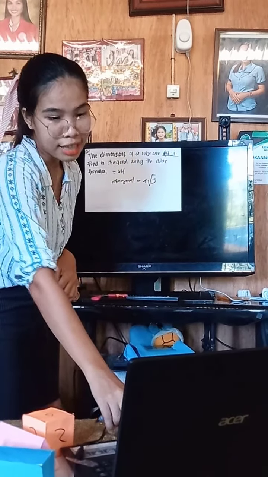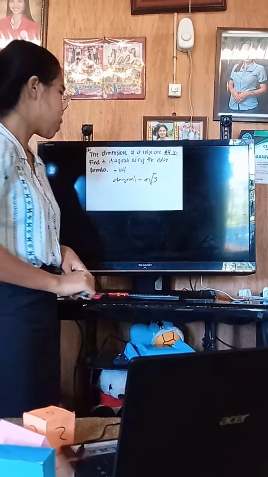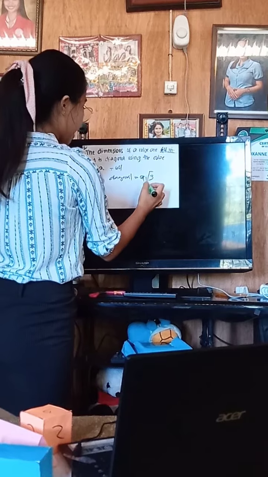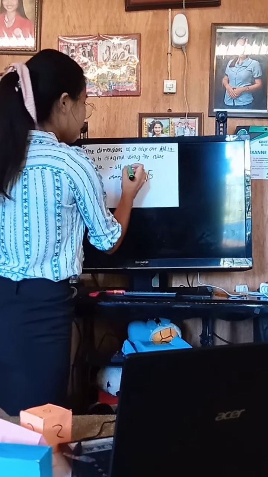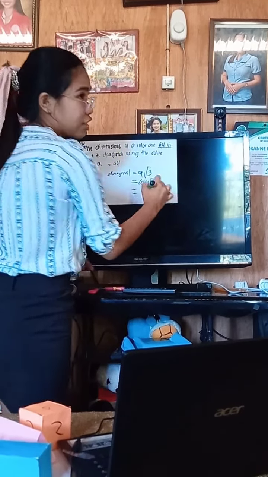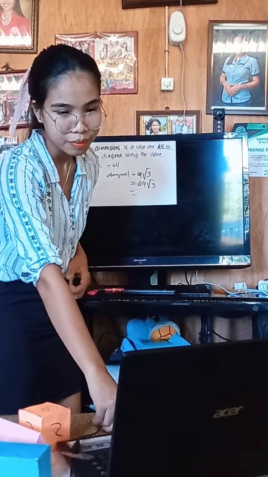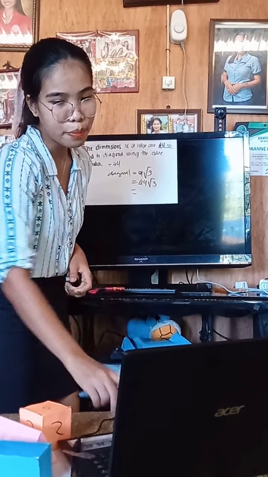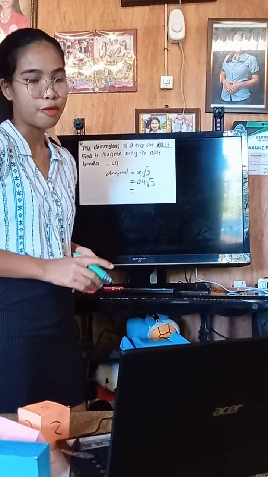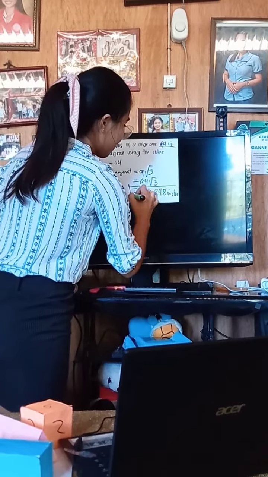So let us put in the values: 64 inches times the square root of 3, and the answer is 110.848 inches. So this would be our final answer.